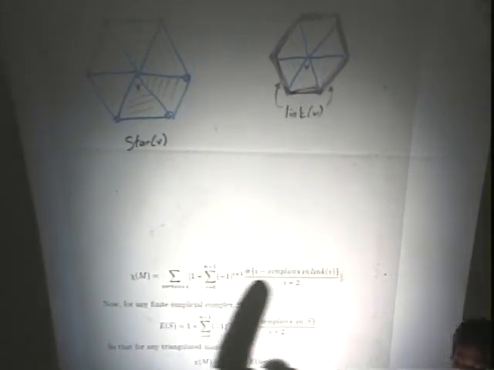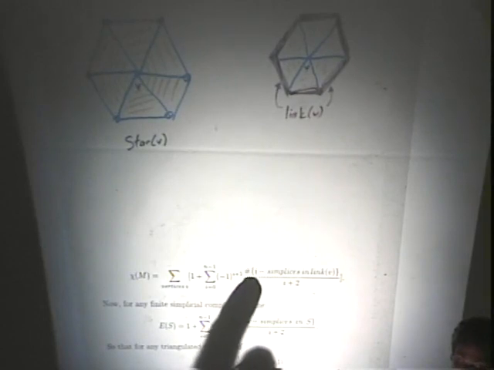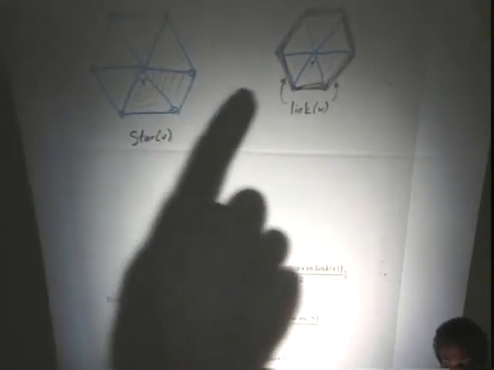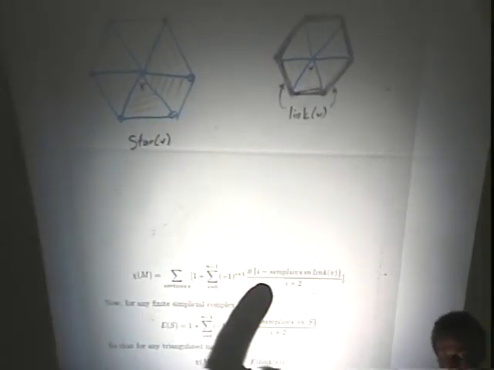So when we sum over simplices in the link, the exponent of the minus 1 is off by 1. I should have said, because an i plus 1 simplex over here shows up as an i simplex in the link. Moreover, we're counting things too many times, because an i plus 1 simplex here shows up in the link of i plus 2 vertices. So we have to divide by i plus 2. Okay. So this is the formula.